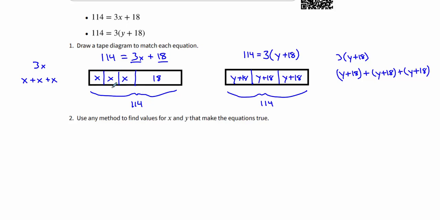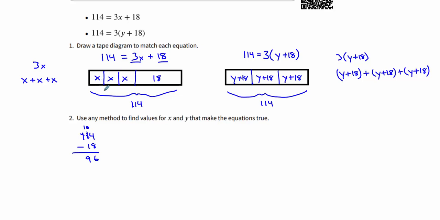That will leave me just the x's, right? If all this is 114 and I subtract the 18 from that, 114 minus 18 will give me 96. So these x's right here are equivalent to 96.